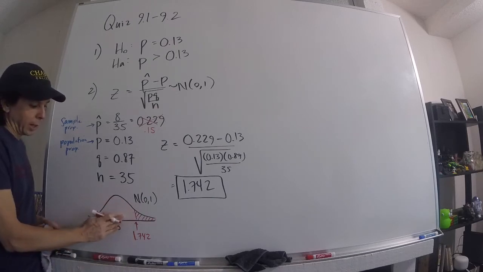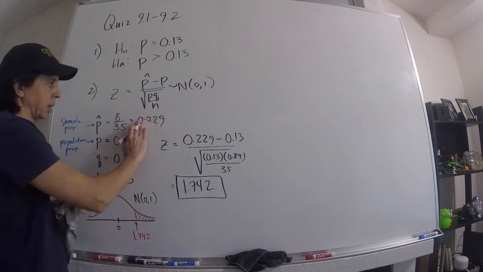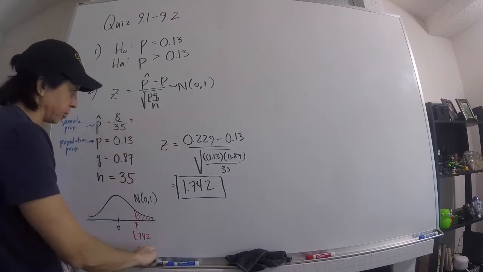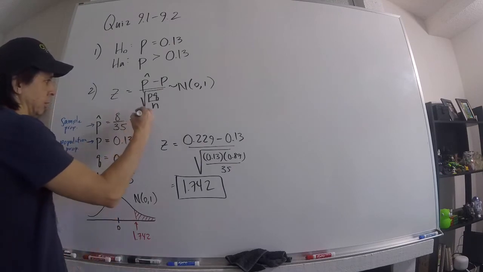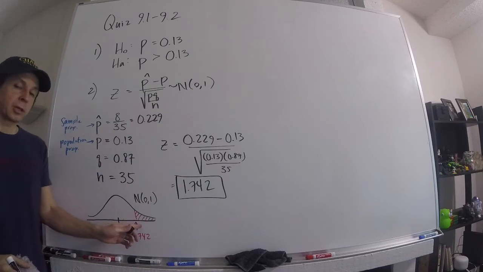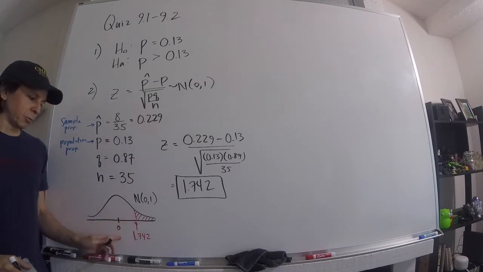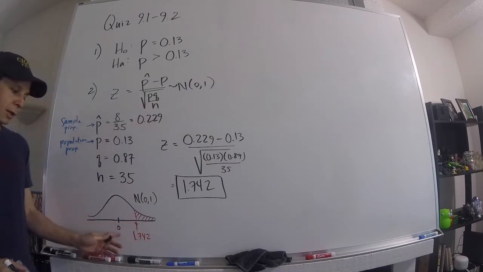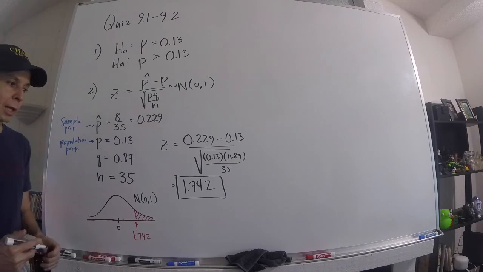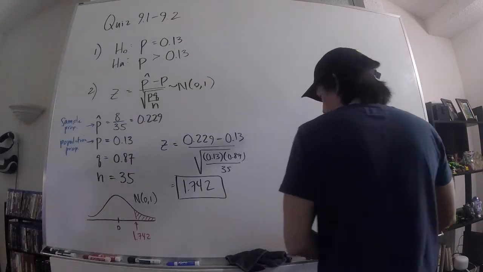If you get something way higher, like 0.229, that seems like it's pretty far off. And that's going to be indicated by a z-score that's further away from 0 to the right, because any percent that's higher than what they claim is going to give you z-scores that are positive, and the higher, the further out here. And the more likely we are to reject, the stronger the evidence.